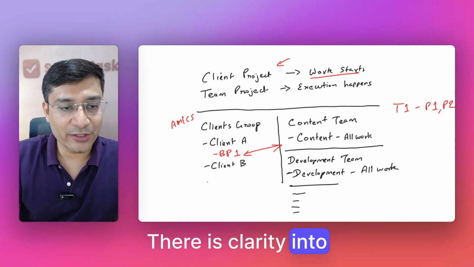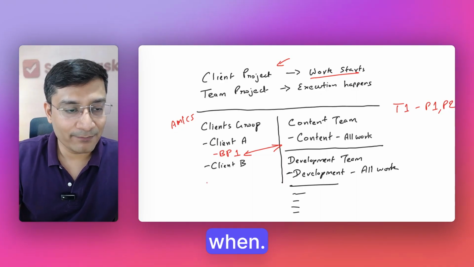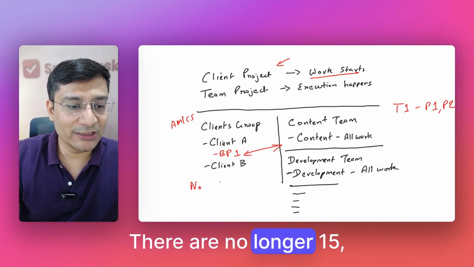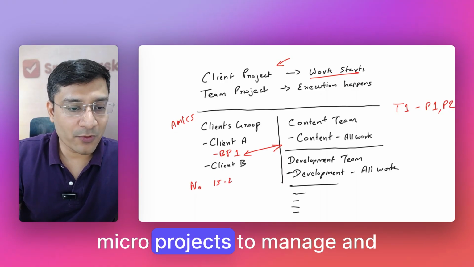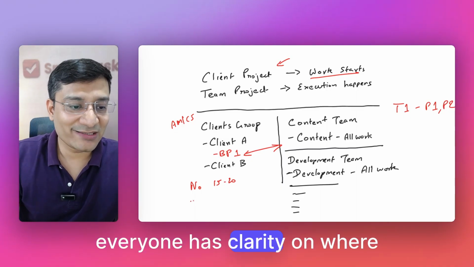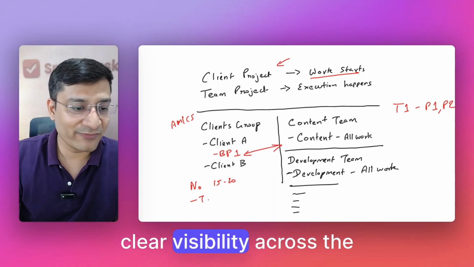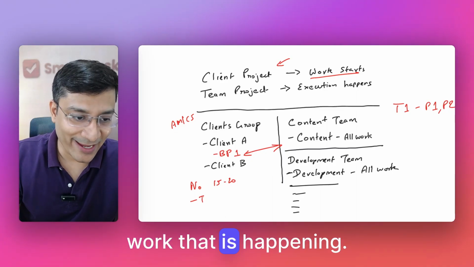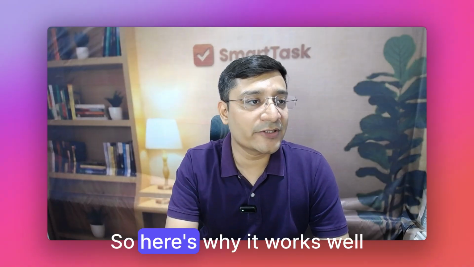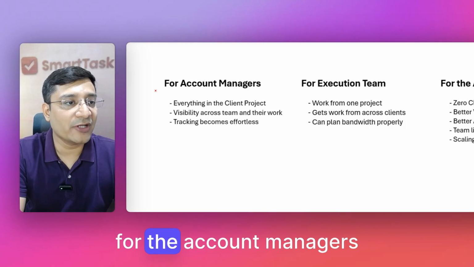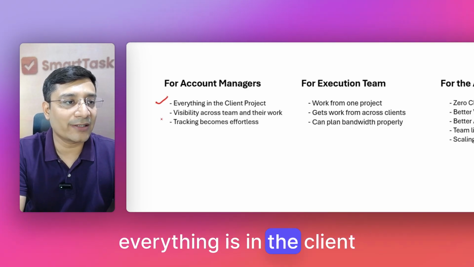There is clarity into what needs to be done and when. There are no longer 15, 20 micro projects to manage, and everyone has clarity on where the task lies in which project, and they have clear visibility across the work that is happening. So here's why it works well. For the account managers, everything is in the client project.